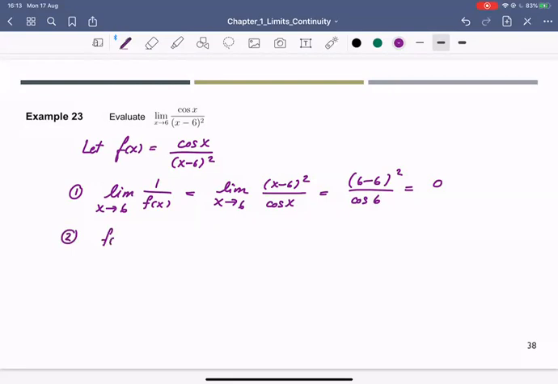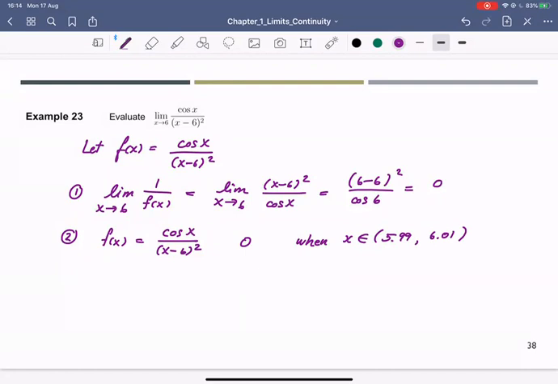All right, so number two. I have f(x) equal to cosine x over (x minus 6) squared. I need x to get close to 6, let's say 5.99 and 6.01. So what happened here, plus or minus?